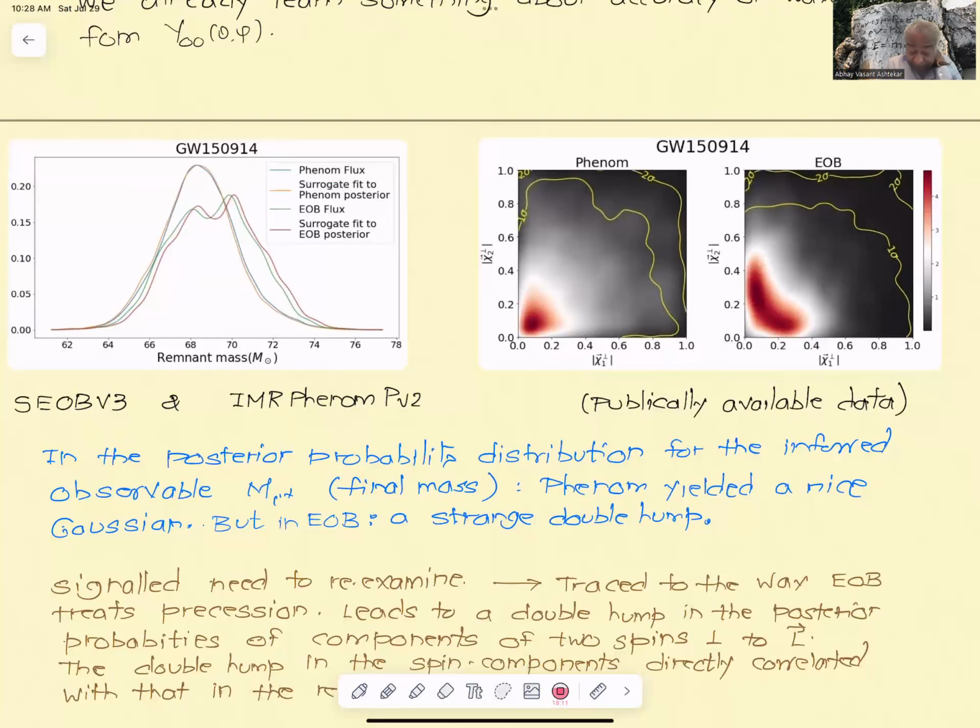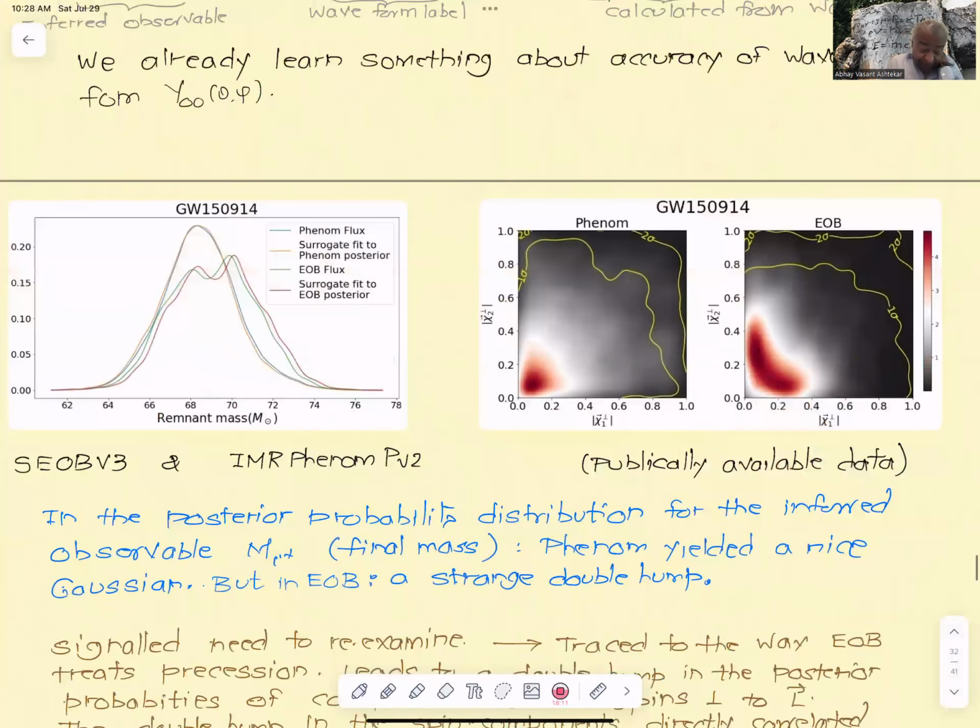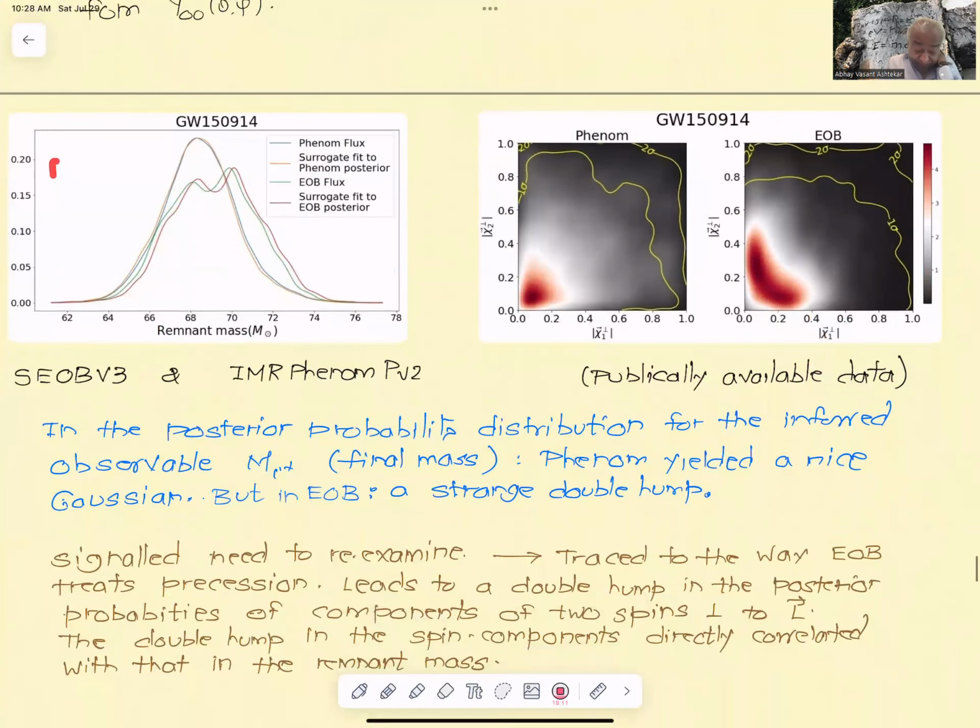And then what we find is that for the Phenom model, I get a nice curve like that, whereas for the EOB model, I get a double hump. Now, of course, if I look at the scale up here, the difference between them is still within the systematic errors, but still there is a difference up here.